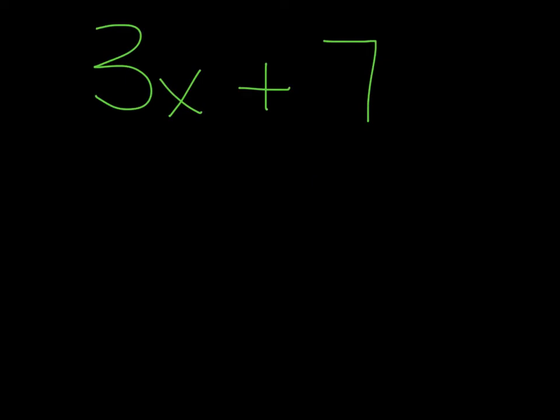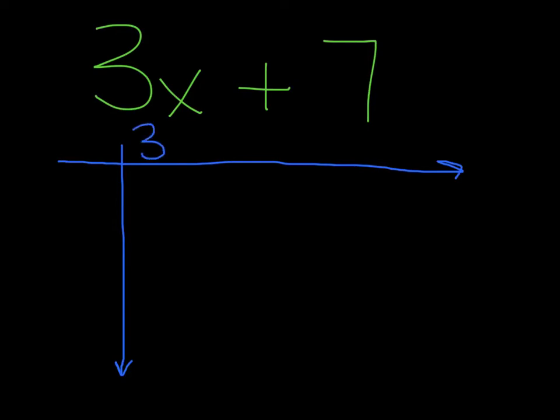Okay, so let's say I have the expression 3x plus 7. So what I'm first going to do is draw this thing out here. And I have 3x plus 7. I would rewrite it. Now I have 3 x's, so I'm going to draw 3 of these. Each one represents 1 x.